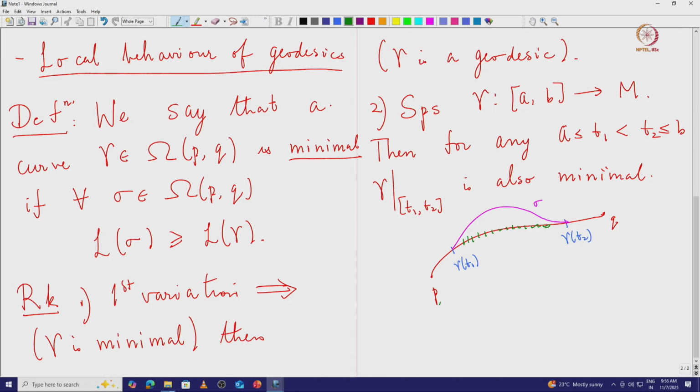So the point is that if you are given a minimal curve, then on any smaller subinterval gamma continues to be minimal. Okay.